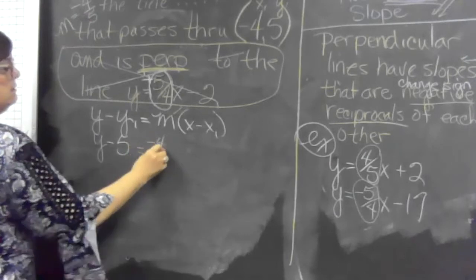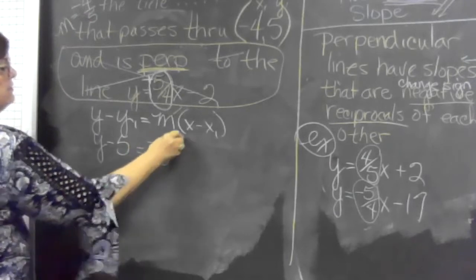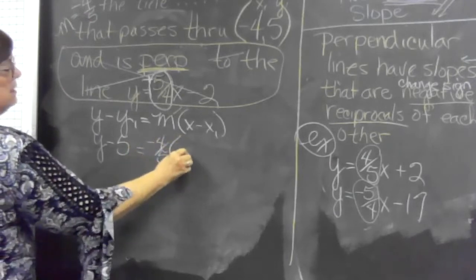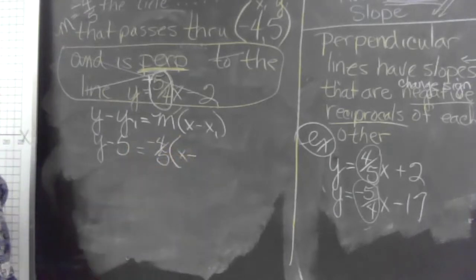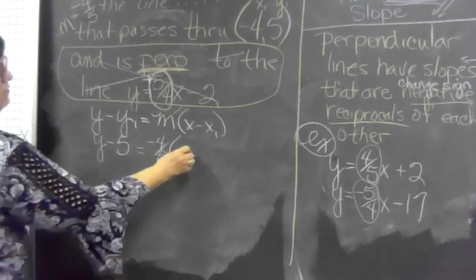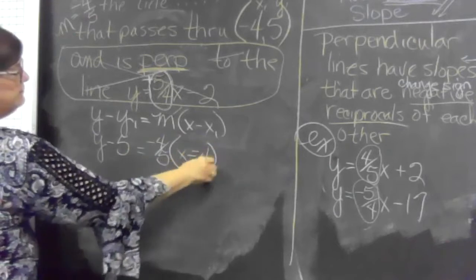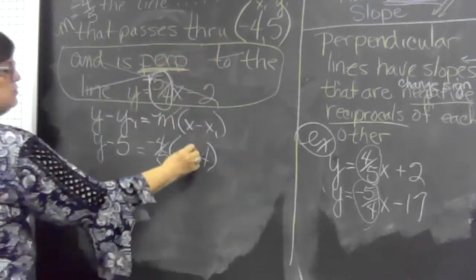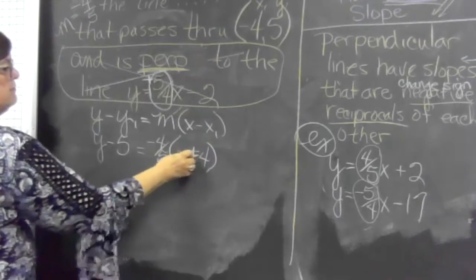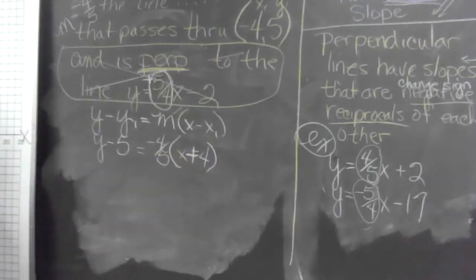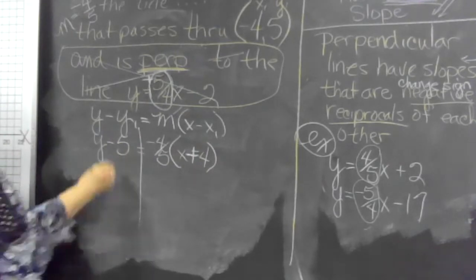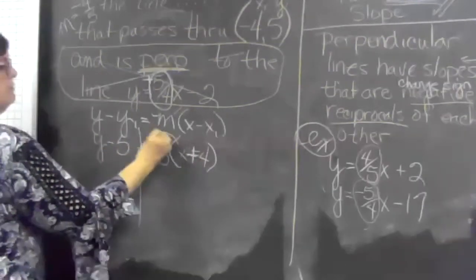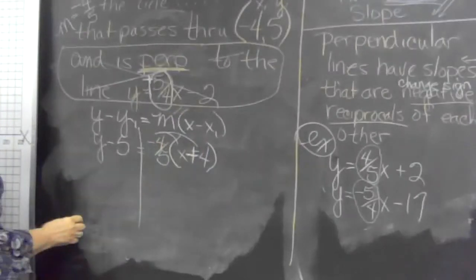So I need negative 4/5 times x minus a negative 4. I'm going to make this plus right off the bat. Two negatives make a positive. And now we're going to solve. Before we do anything here, we have to get rid of those parentheses.